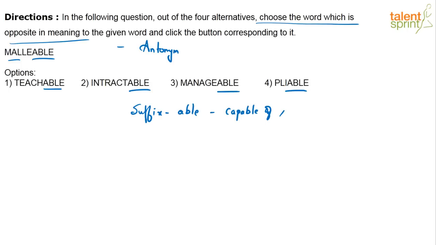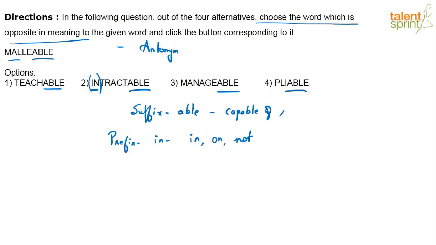Now, if I look at option 1, I know teachable means able to teach. Intractable, I don't know, but I am also paying attention to this prefix in. Then I have manageable. Manageable means you're able to manage something. Pliable means you're able to do something which is pretty flexible. Now we have the word malleable. From the given options, they are asking you to choose a word that is opposite in meaning. I know this prefix in has a meaning of in, a meaning of on, and it also has a meaning of not, right?